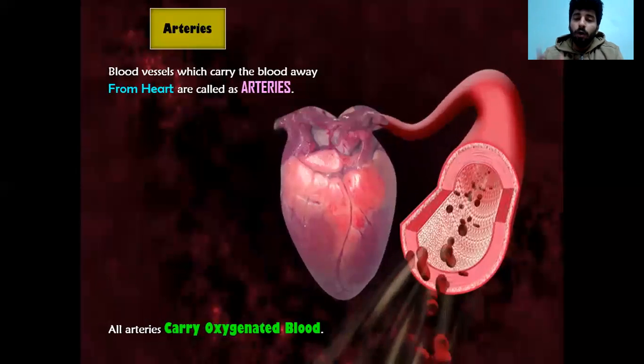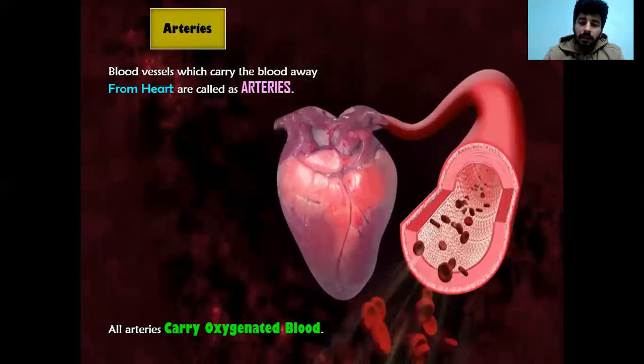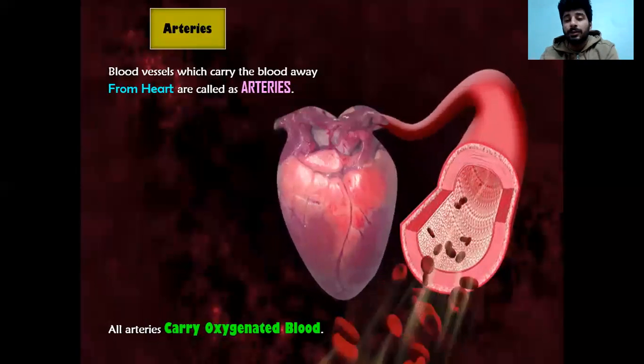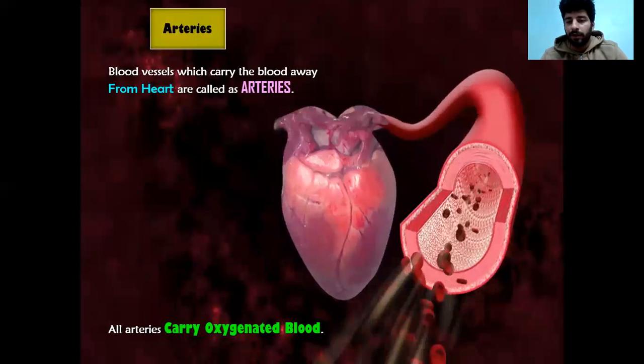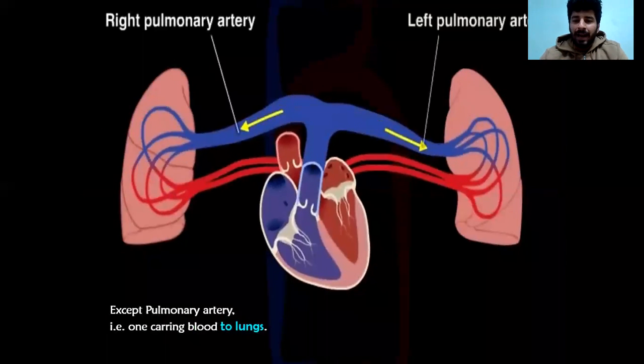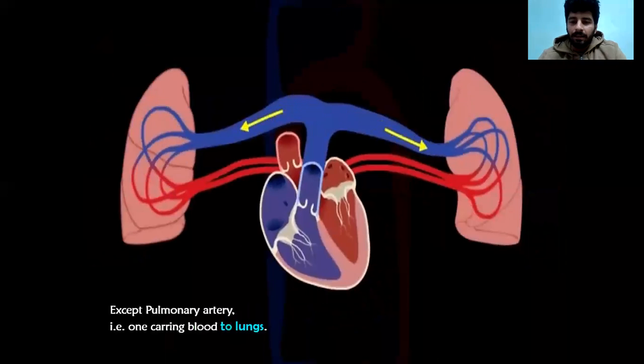Oxygenated means it comes to the heart from the lungs, and from the lungs it is filled with oxygen, and that is what is sent to each and every part of our body for use. There is only one exception for an artery, the pulmonary artery, which takes the deoxygenated blood to the lungs.